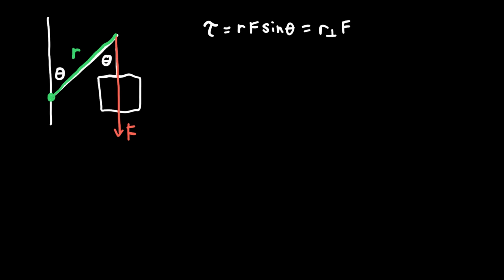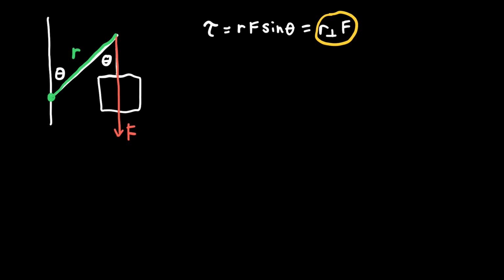If there's a situation where you don't know R, or you don't know the angle or something like that, then there are other ways that you can go about this. One way that this is commonly done is, as given by the equation above, we use R perp, which is the distance from the axis of rotation to the place where the force is applied.